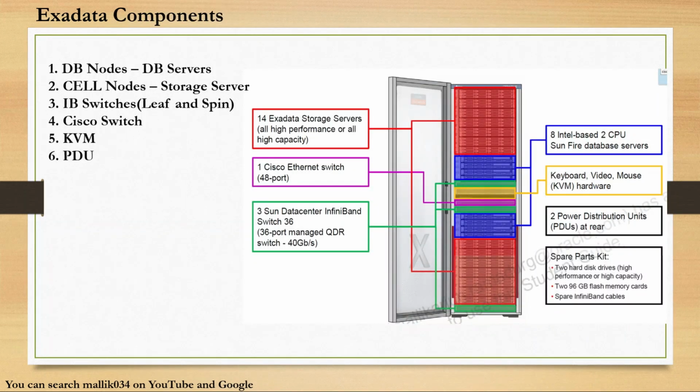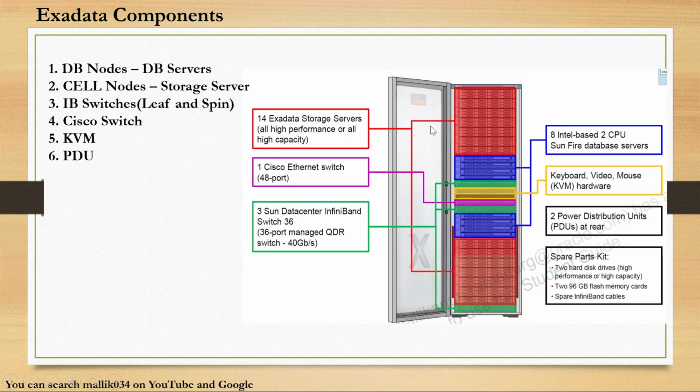Exadata components: if you see my basic Exadata architecture, I already explained all the Exadata components in detail, but quickly I'm going to cover what all components an Exadata box comes with. So this is my typical Exadata box.